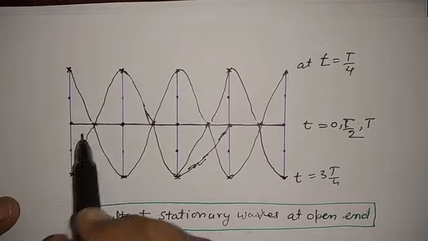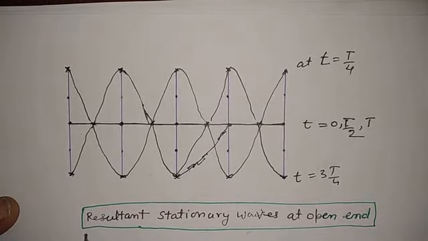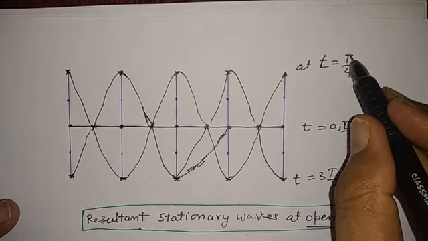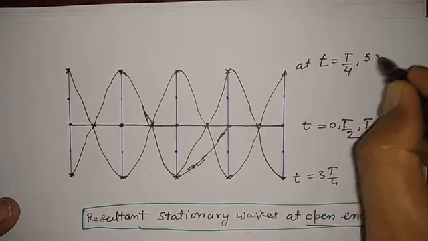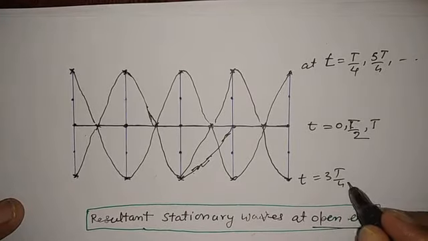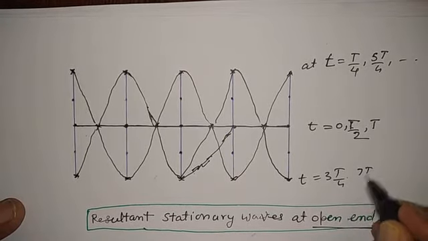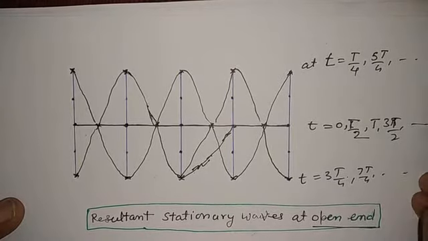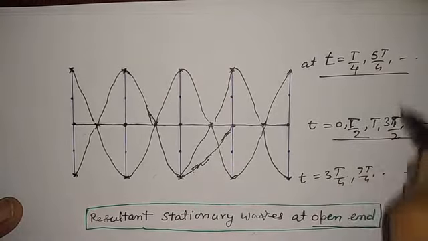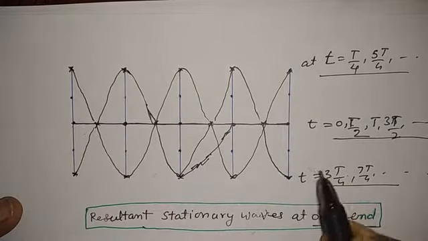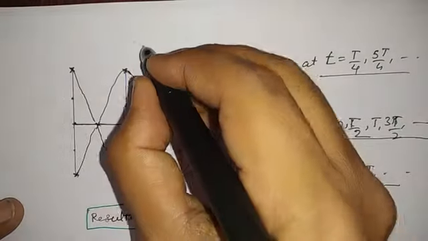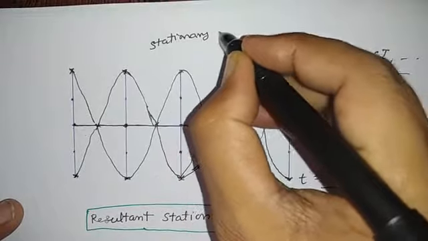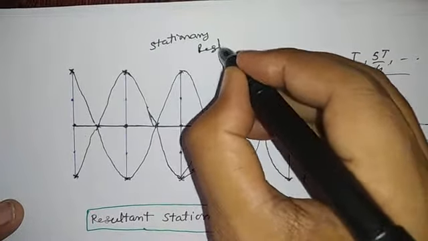So this is the diagram of a stationary wave formed at the open end. We will get the same situations again at 5t by 4 and so on, 3t by 4, 7t by 4, and at 3t by 2. In integral multiples the situation will be the same, and as time goes on, all these waves will look stationary, meaning at rest in the medium.